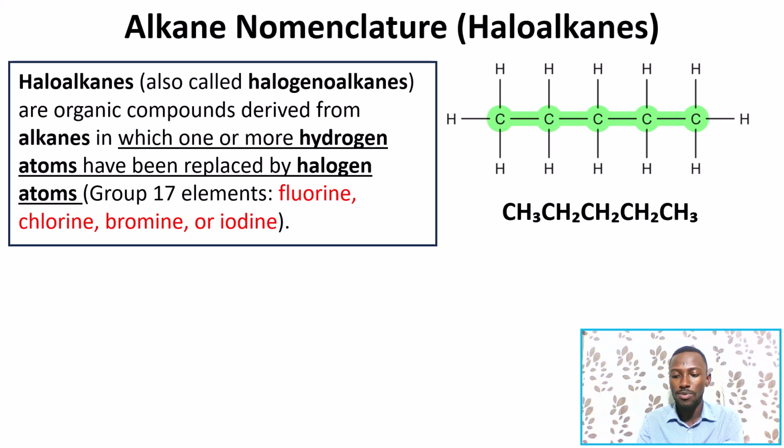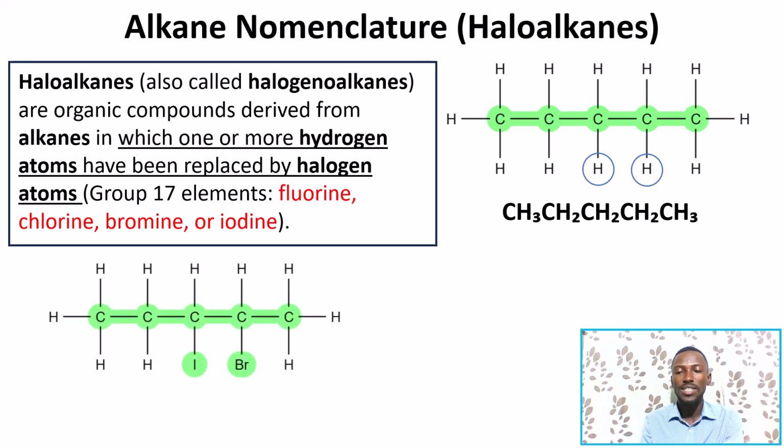For example, imagine we replace this hydrogen here with iodine and another with bromine. The first hydrogen has been replaced with iodine, indicated with I, and the other with Br for bromine. Then you have a haloalkane. This is the displayed formula.